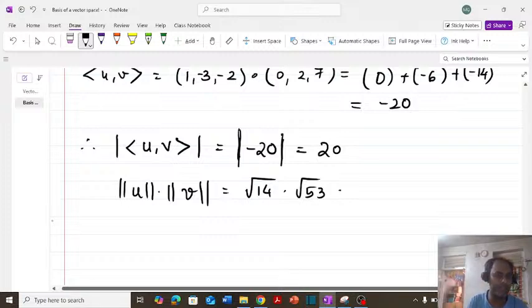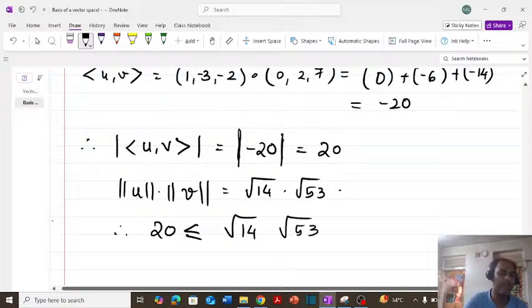What you can see here is that 20 is less than or equal to root 14 into root 53.